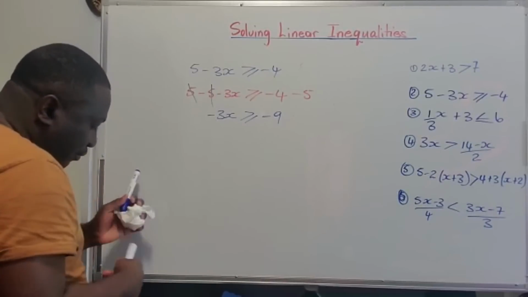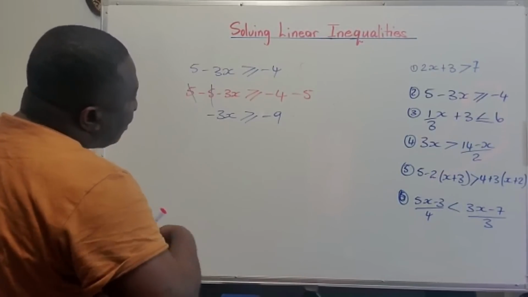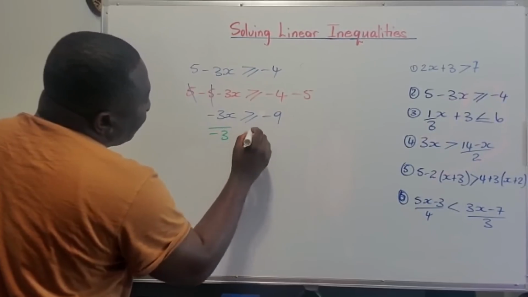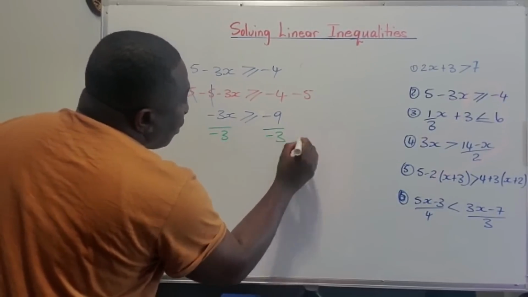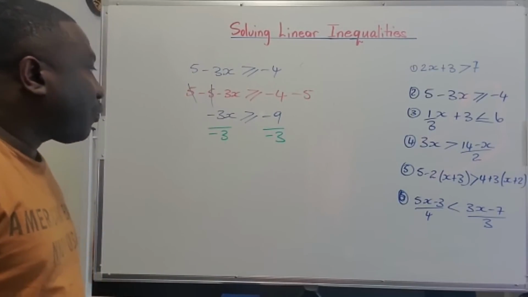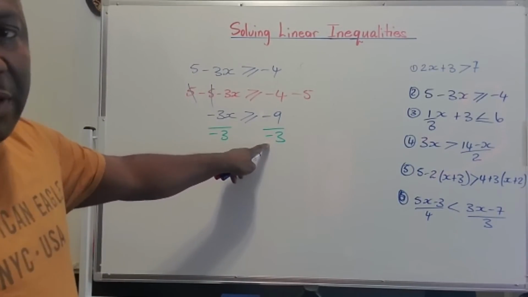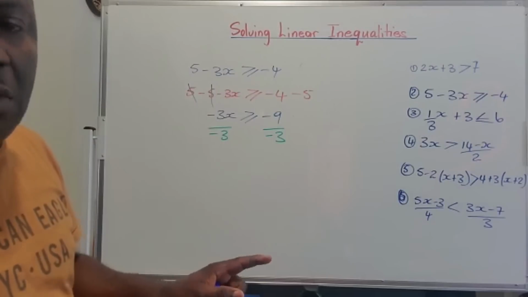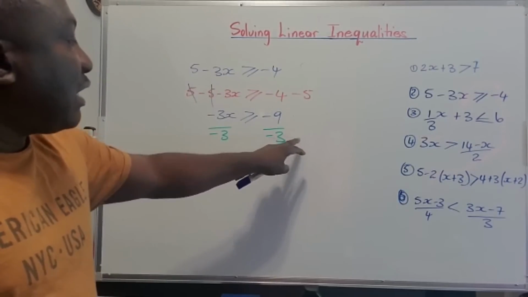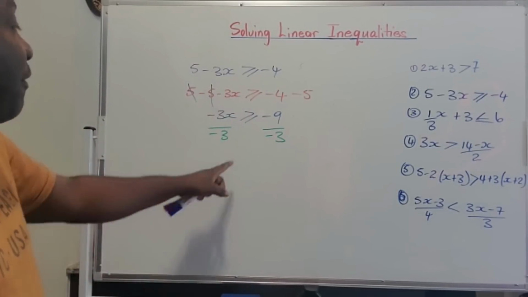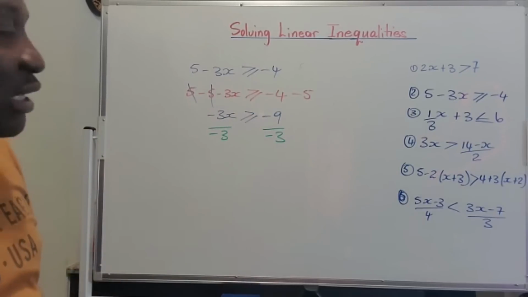But what's important to note in this case is that when we divide or multiply by a negative, make note, we turn around, or in other words, flip the inequality sign.